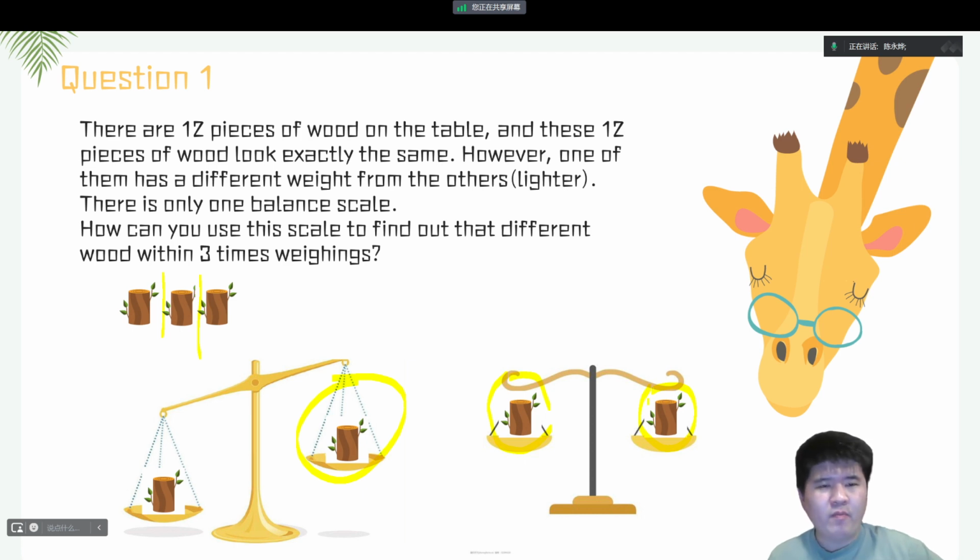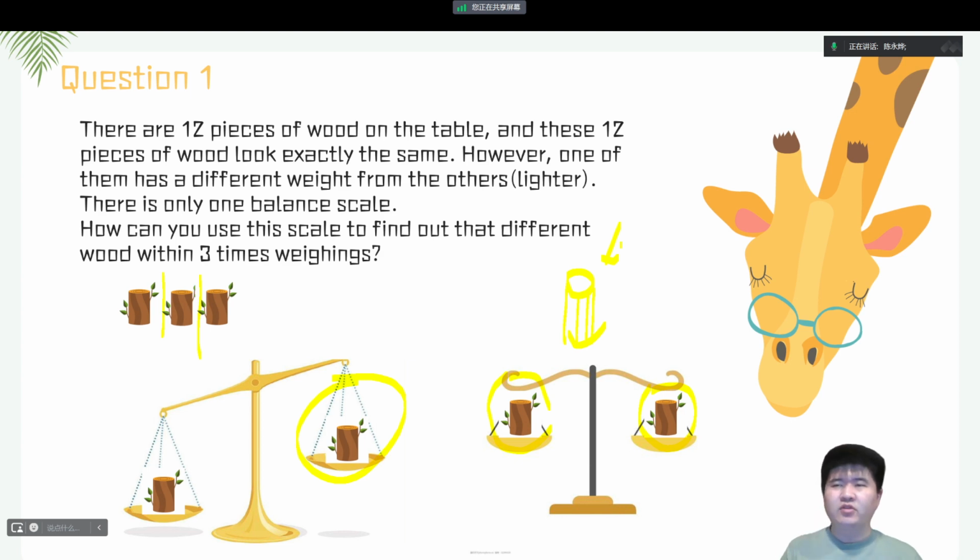The different one will be the third remaining one, because we only have one different one. If these 2 are balanced, they will not be the different ones, and the remaining one will be different.